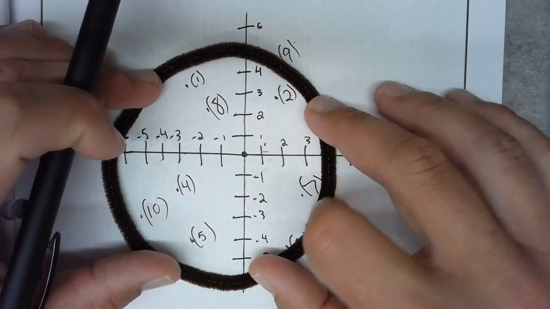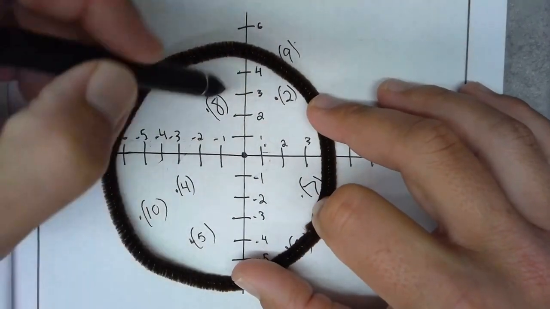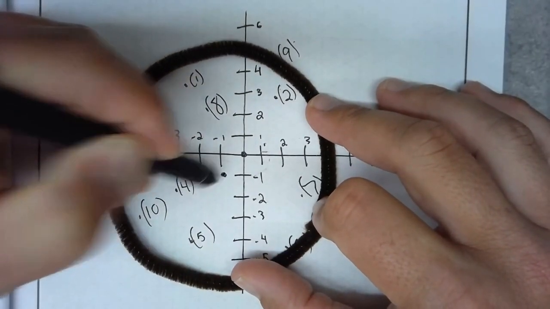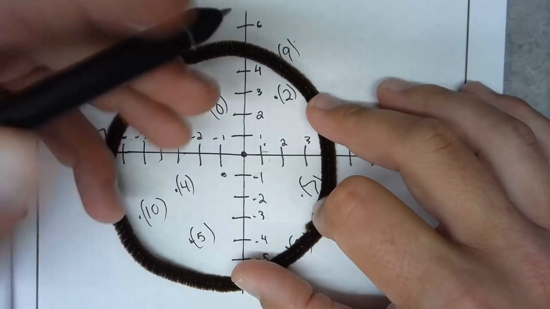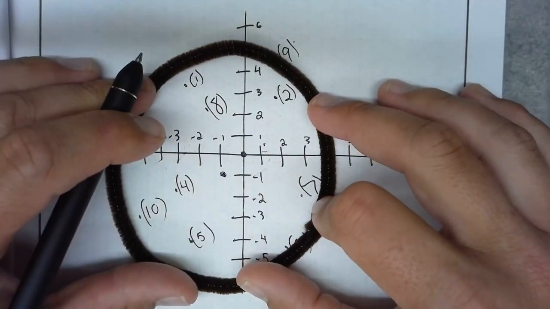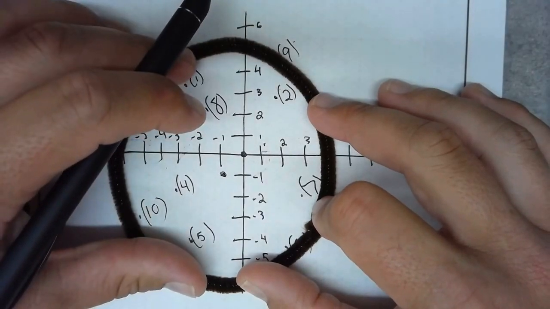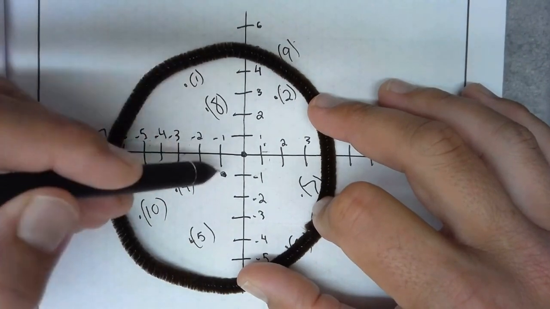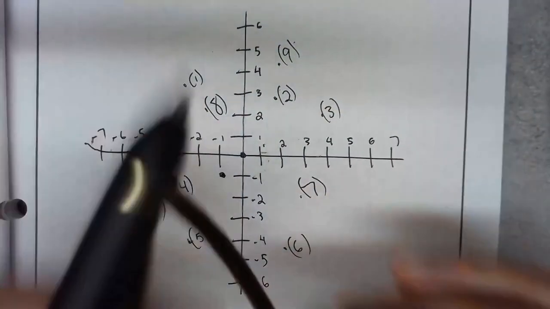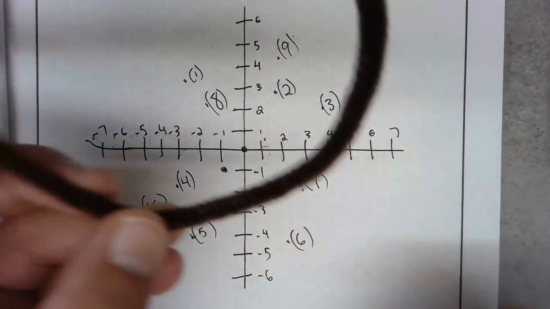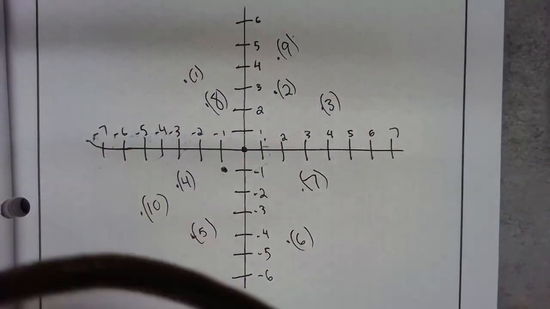Then once I do that, I want to estimate my center point based on that circle. So right here is my center point based on the circle of my data. Yours obviously will be different because we have 20 bits of data and you're going to need a larger piece of string or pipe cleaner.